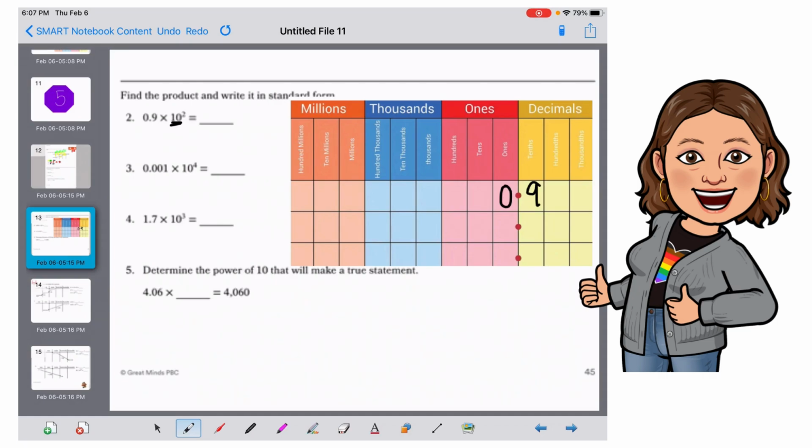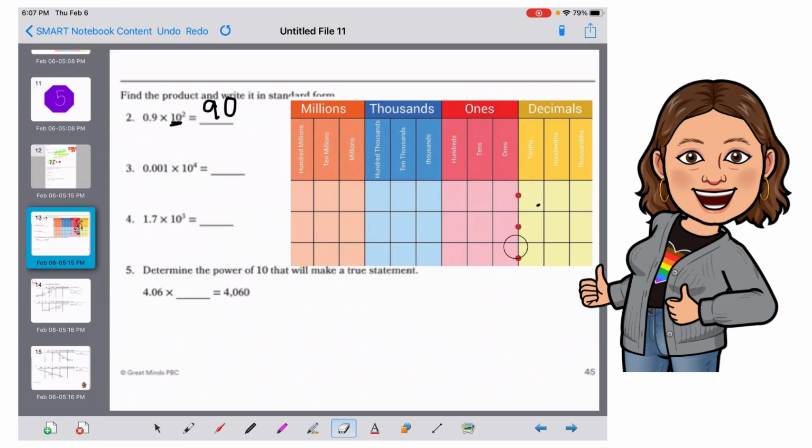So, to do that, I'm going to ignore that 0. He's not really important right now. I'm going to take this 9 and I'm going to go times 10 times 10. And I know his new home is going to be right there. I can't leave this little space empty, so I'm going to fill in a 0. That tells me my answer would be 90.